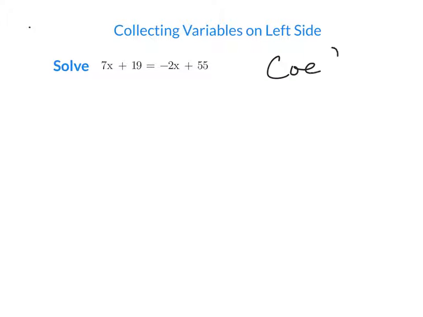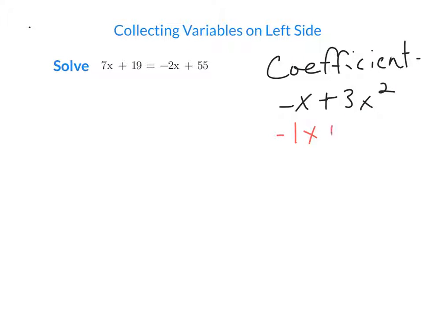So a coefficient, if I have the equation negative x plus 3x squared, what I really have is negative 1x plus 3x squared. If it's easier for you, you can just write that 1 in there.